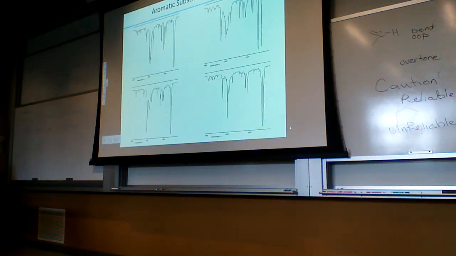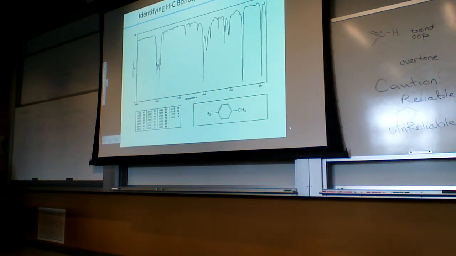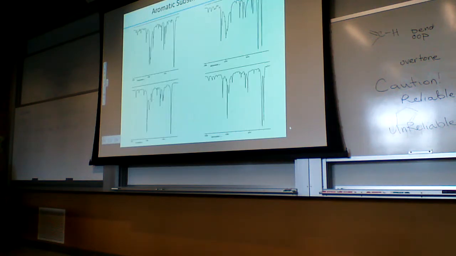I'm just going to skip. This slide is the paraxylene, which was the full spectrum, but if you go to the slide after it, that's actually on this next slide, so we'll just do the straight comparison of all four of them together. So the paraxylene is this one right here.